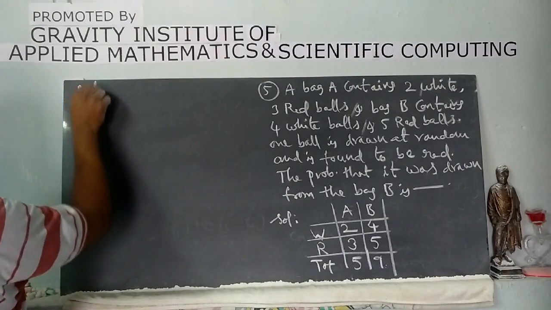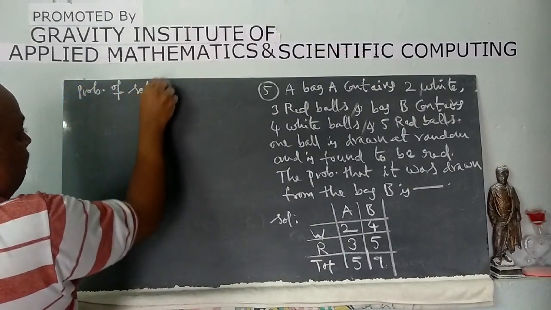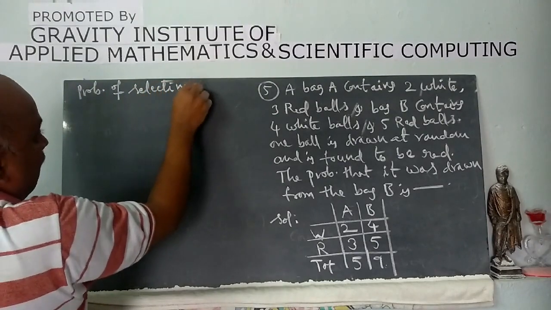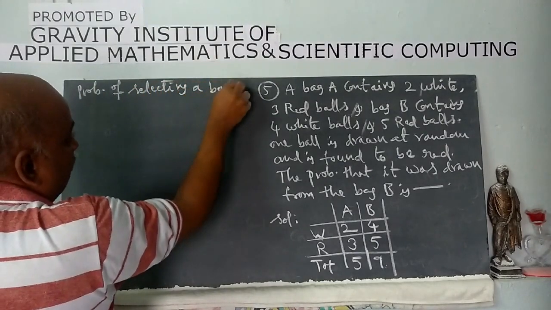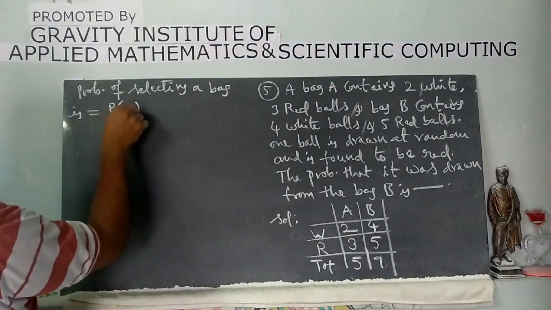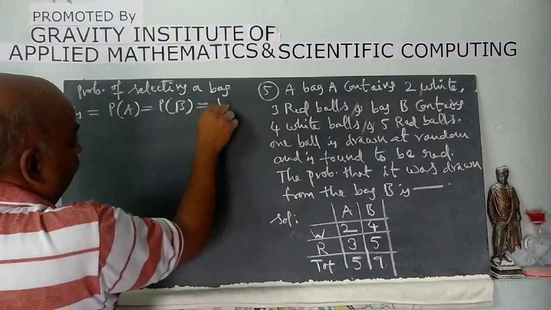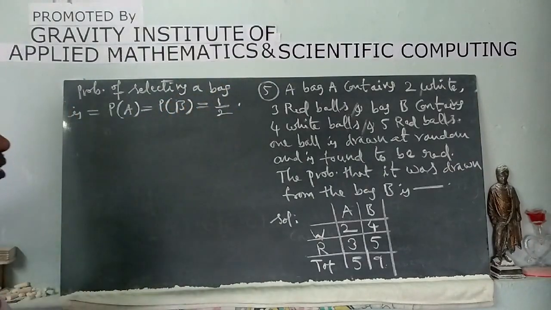Probability of selecting a bag: P of A is equal to P of B is equal to 1 by 2.